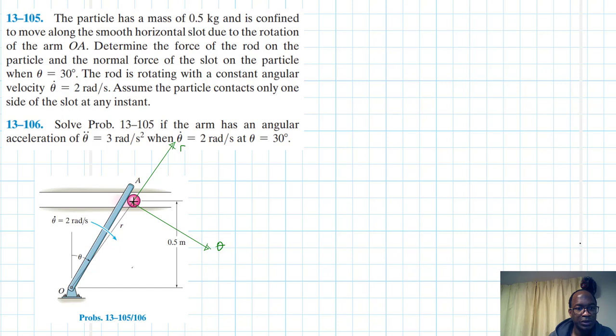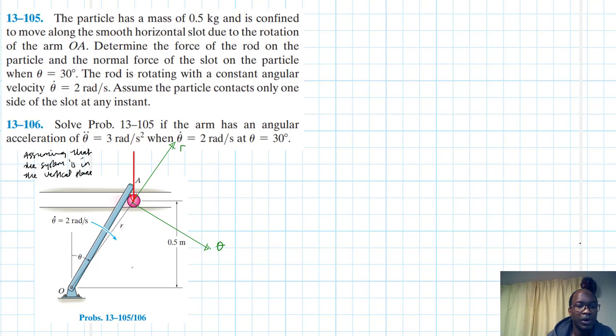Then we do have the weight. Again, we are assuming that the system is in the vertical plane. So we have the weight, like so.